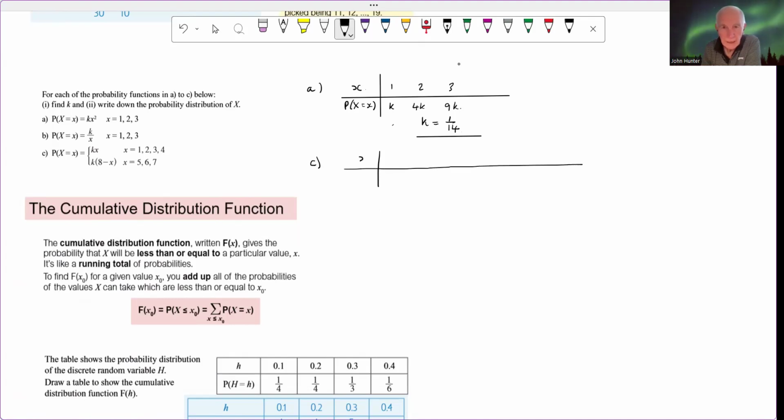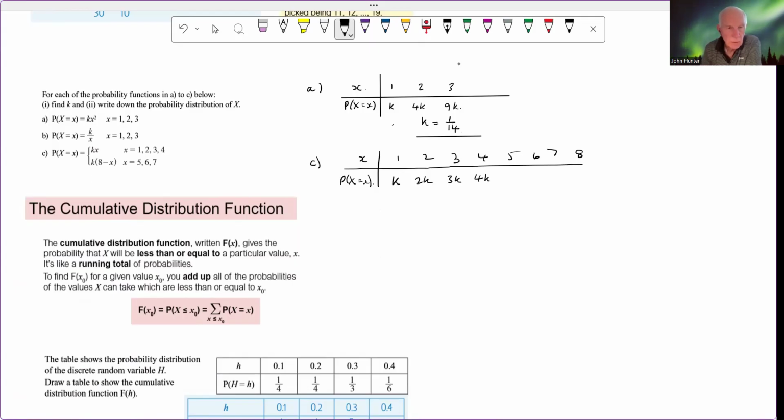X and the probability that X equals X. So we've got values 1, 2, 3, 4, 5, 6, 7, and 8. And so it's going to be KX for 1, 2, 3, 4. It's going to be K, 2K, 3K, and 4K, just like before.